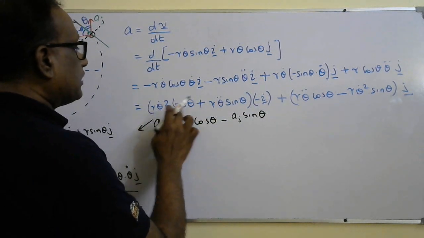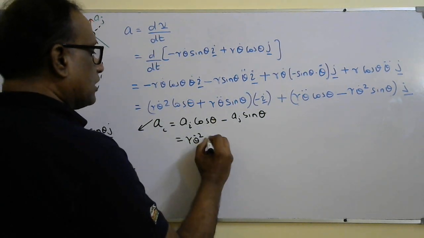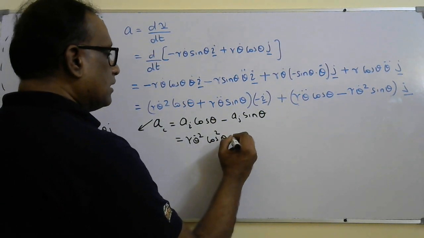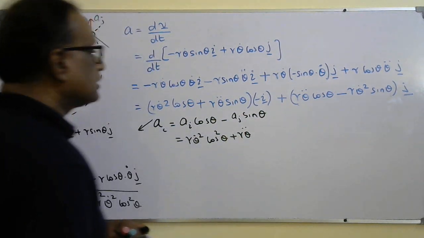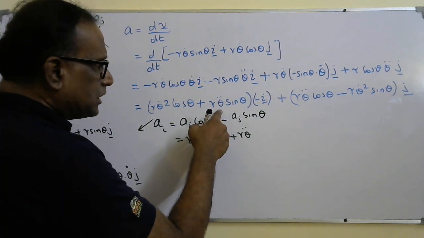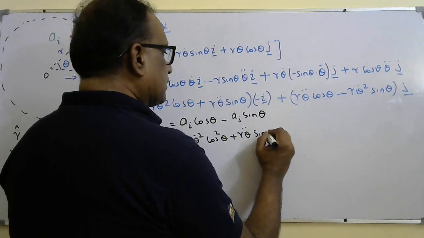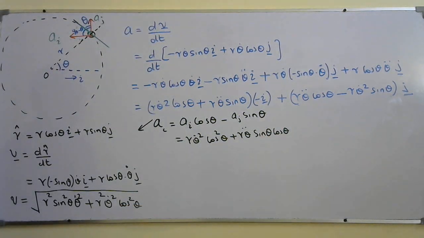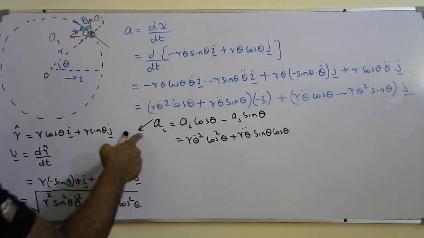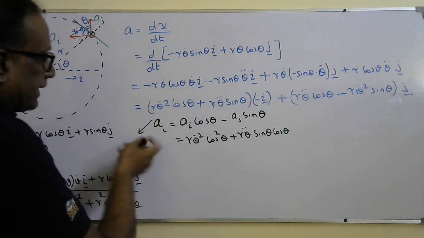So r theta dot squared cos theta times cos theta gives cos square theta, plus r theta double dot sine theta cos theta. I am considering the component towards the center, that is the centripetal.